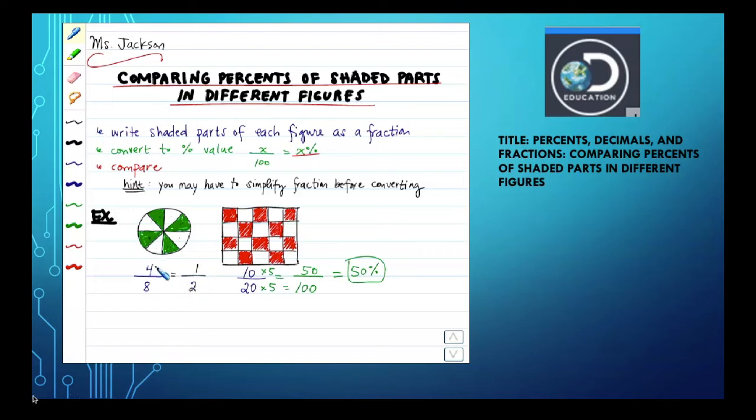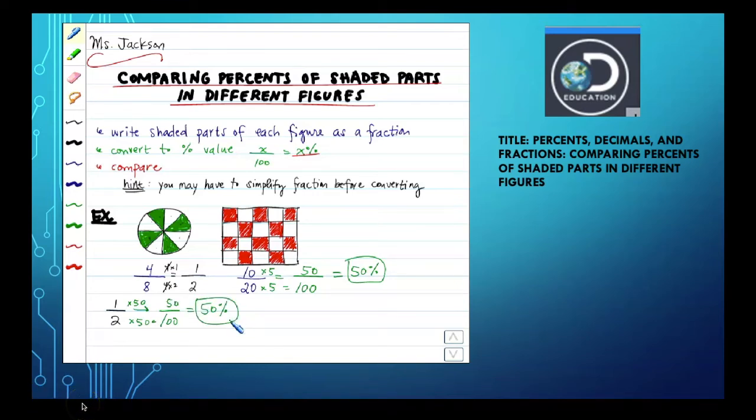So 4 is equal to 4 times 1, 8 is equal to 4 times 2. We cancel out the 4's, we get 1/2. And so now we have 1/2, and we're converting that to a fraction with 100 in the denominator. Well, 2 times 50 gives us 100, 1 times 50 gives us 50, so we're left with 50%.